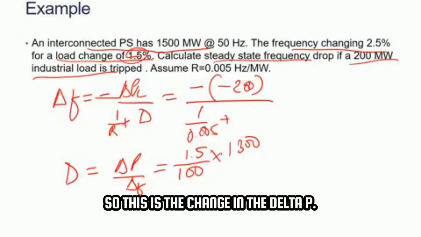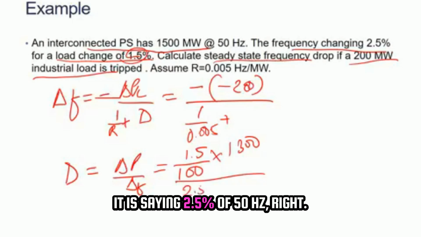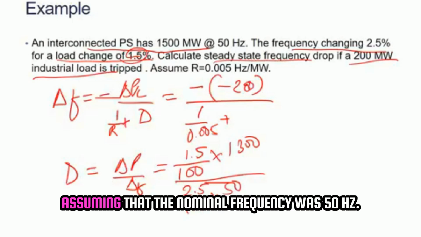This is the change in delta P, and the remaining frequency will operate at this value. And delta F is 2.5% of 50 hertz, assuming the nominal frequency was 50 hertz.